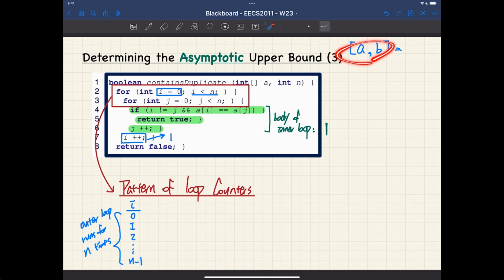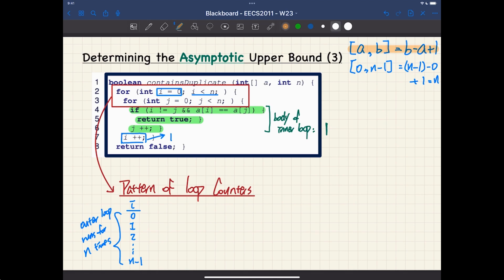B plus 1? No, because A may be any number, and B may be any number, and B is included in the range. So I'll write it down: B minus A plus 1. For example, for 0 to n minus 1, that would be n minus 1 minus 0 plus 1, which is n. It's a nice formula to know about.